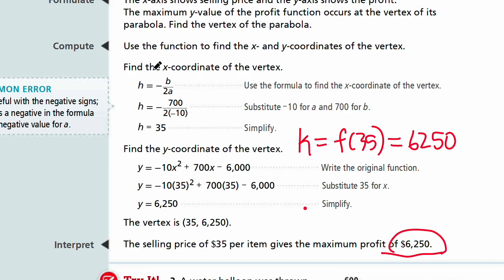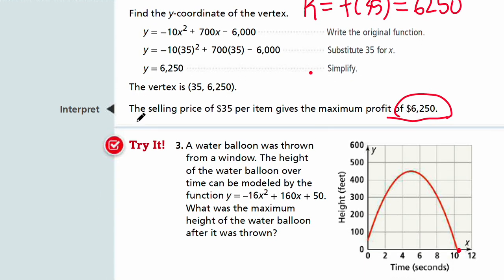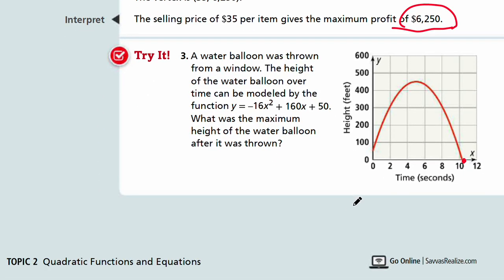So here, you need to first compute your h and then figure out your k so that you can figure out the maximum height. Maximum height is our k in your vertex, right? H will be this, and then k would be this number. So first we need to figure out h. Again, h will be negative b over 2a. Your equation tells you what b and a are.